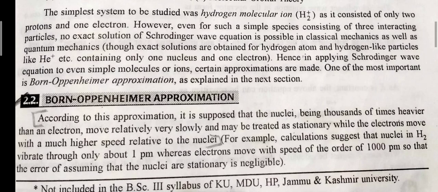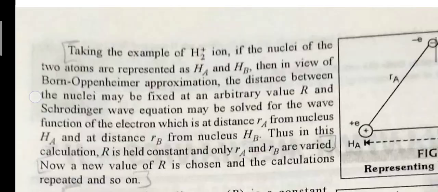For example, calculations suggest that nuclei in H2 vibrate through only about 1 pm, whereas electrons move with speeds of the order of 1000 pm, so that the error of assuming that the nuclei are stationary is negligible.